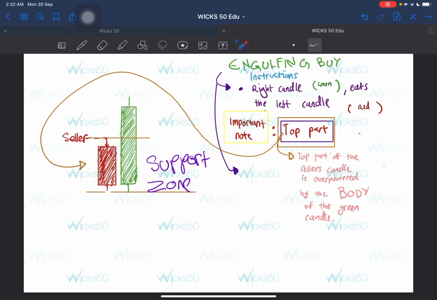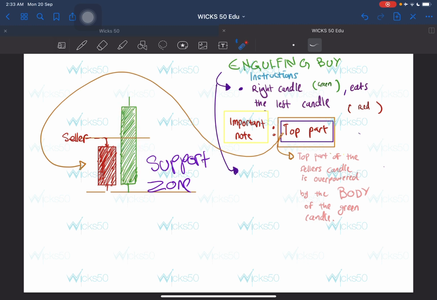Because we want to know that the buyers that push the price from here till here are strong enough to overpower the sellers that live in this seller's candle. So that's why I put an important note over here. The top part of the red candle has to be overpowered by the body of the green candle.